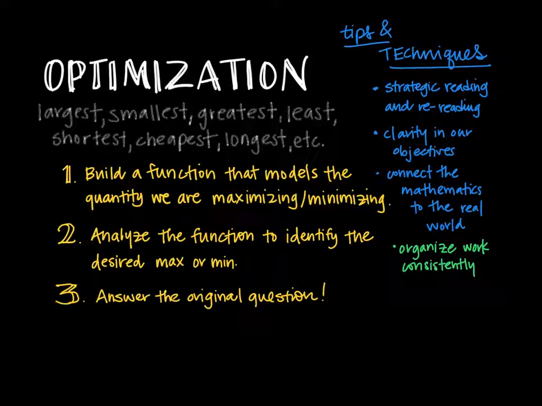By applying these three tips consistently, I hope to have an approachable but flexible framework that you can apply to any optimization problem that you encounter on a homework assignment or an examination. Having a consistent but thorough and flexible problem-solving strategy in place can really help you feel less stressed out about these problems. So let's get started.